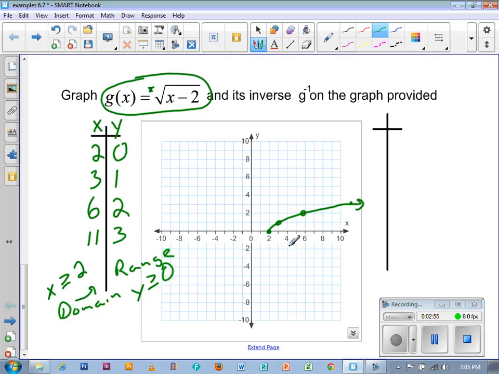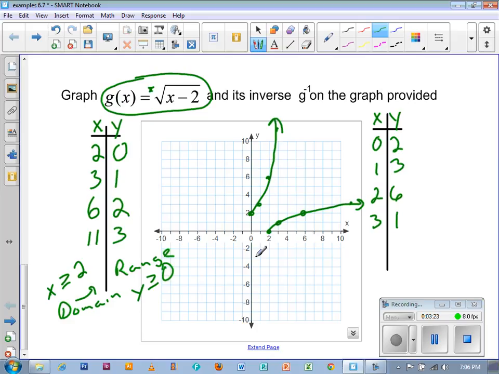Now, what we're going to do is find its inverse. The first step, of course, is to change the x and y's around. So we end up with (0, 2), (1, 3), (2, 6), (3, 11). If we plot that over here, you can see half of the parabola forming, going upward.